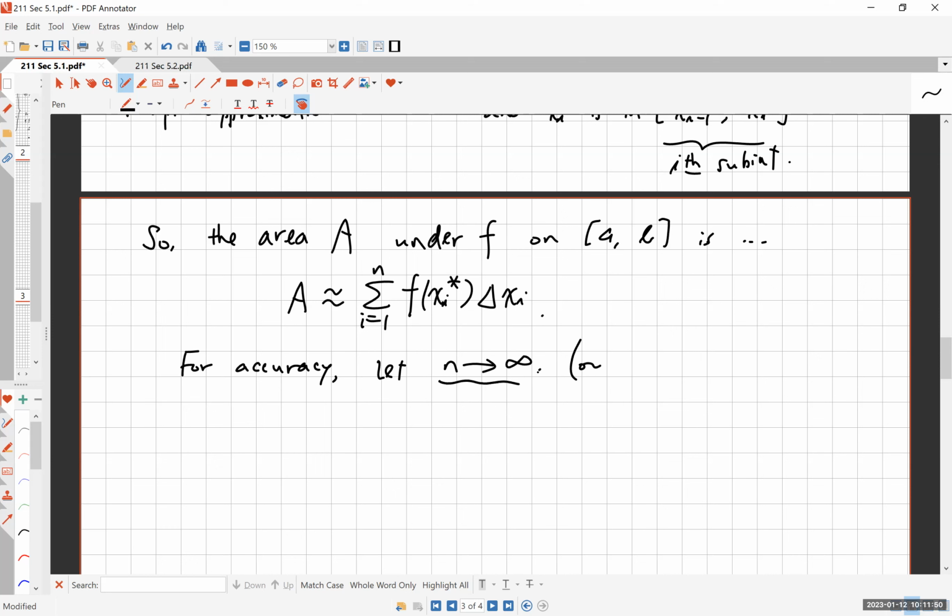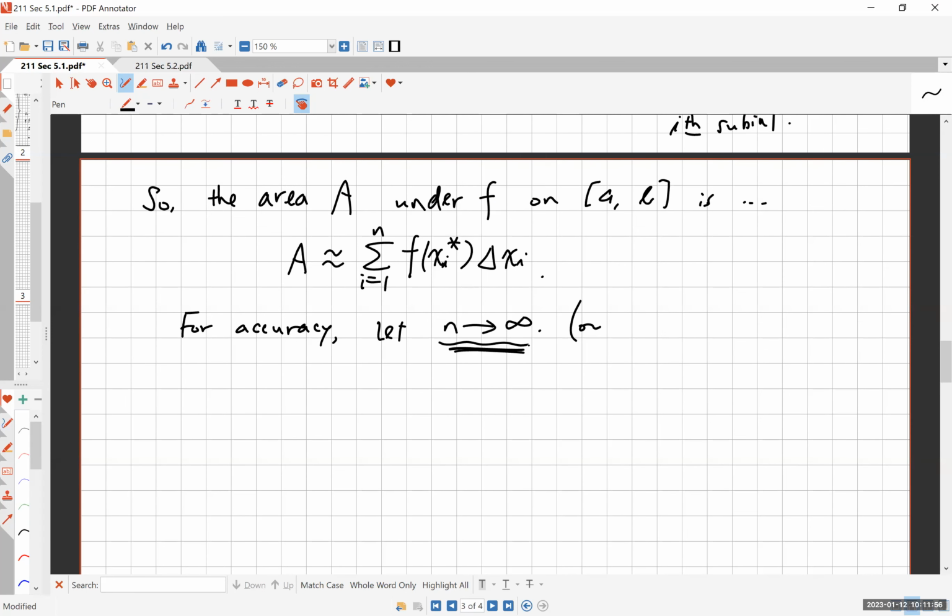This is enough if you have a regular partition, which means each subinterval is of the same length, so the more you have, the smaller each subinterval gets. If you don't have a regular partition, say some of the subintervals are bigger than others, increasing n to infinity doesn't really do the job, because one or 3 of these subintervals can stay big and all the other ones can get smaller and smaller.